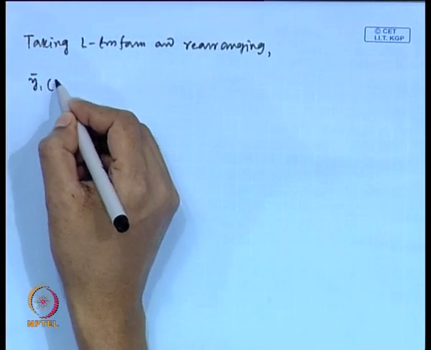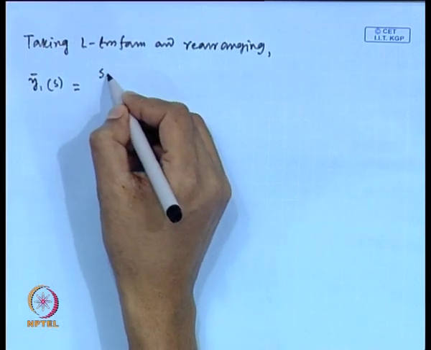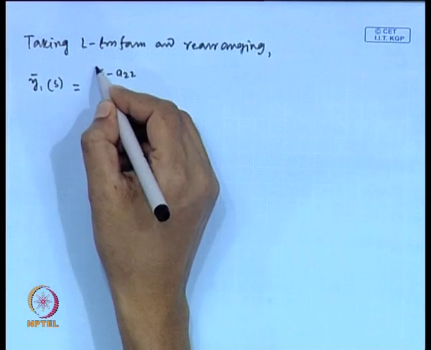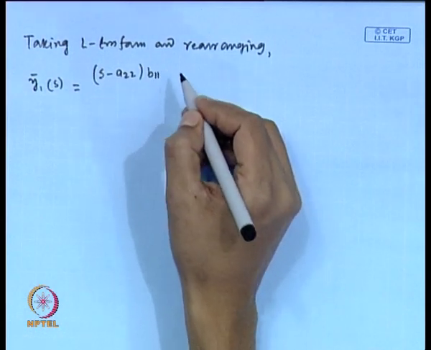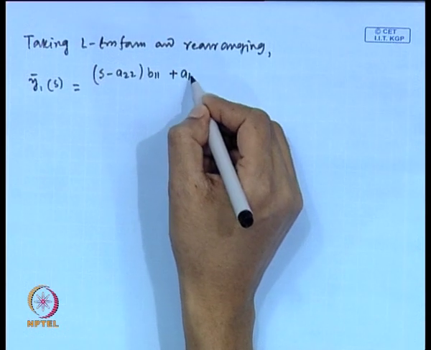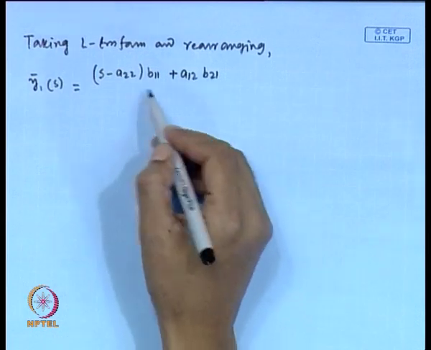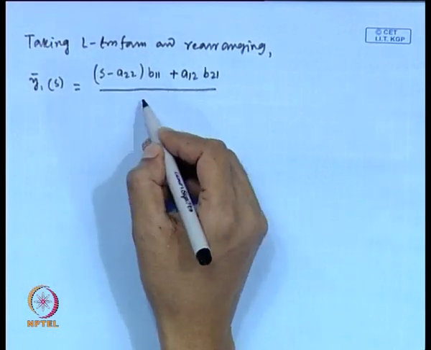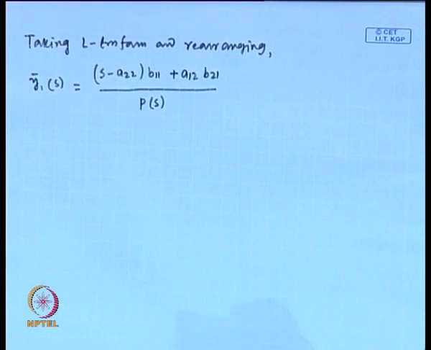y1 bar s equal to (s minus a22) b11 plus a12 b21 divided by P(s). P(s) is a polynomial. We will write the expression for P(s) later.